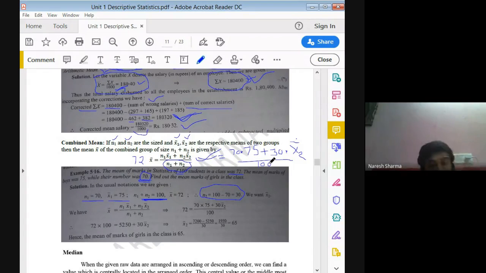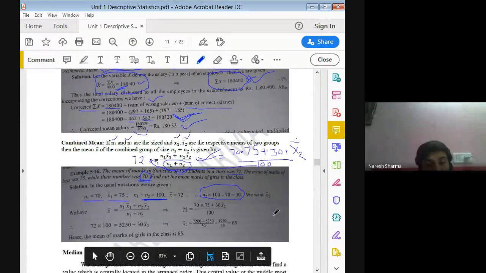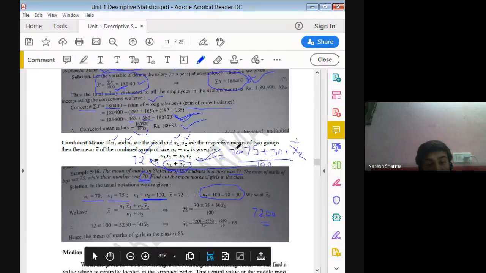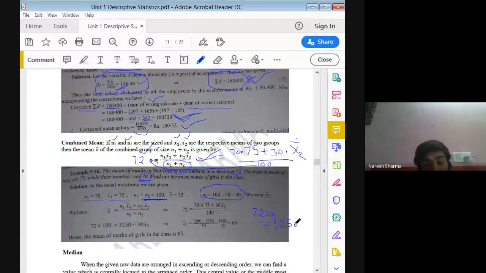Now just rewrite and solve this equation. We multiply this 100 with your 72 on the left hand side, and on the right side we have 70 into 75, which is 5,250, plus 30 into x2 bar, which is the mean of marks of girls.